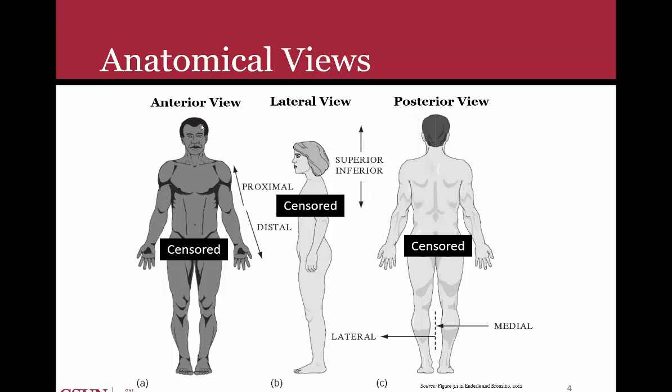there are going to be images where you're not seeing a person's face. Maybe you're seeing just their heart, and it's a slice of their heart. And I'll get to slices in the next couple of slides. But you're looking at these sliced images of a person's body, and it may not be readily apparent what view you're looking at.